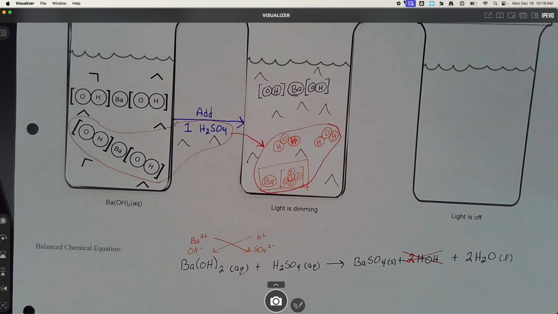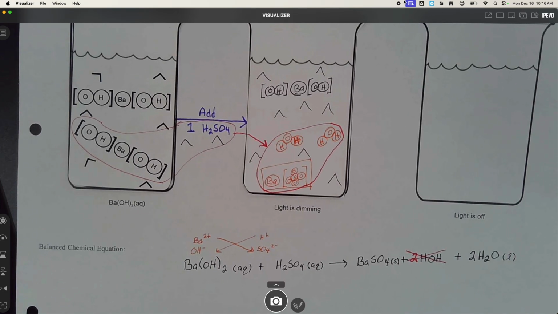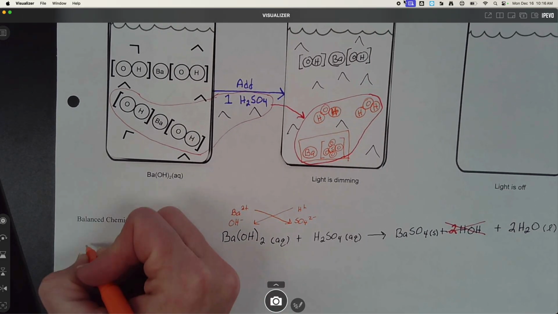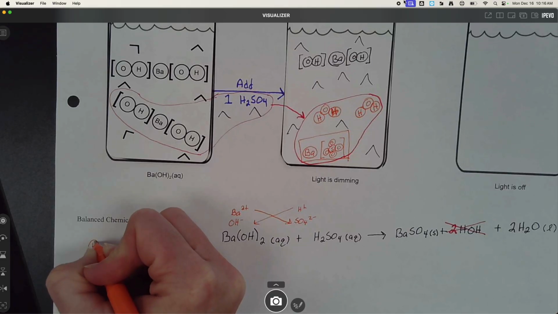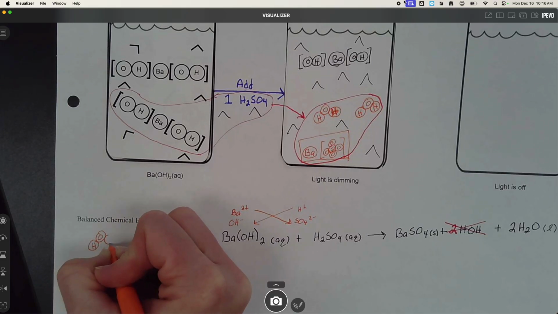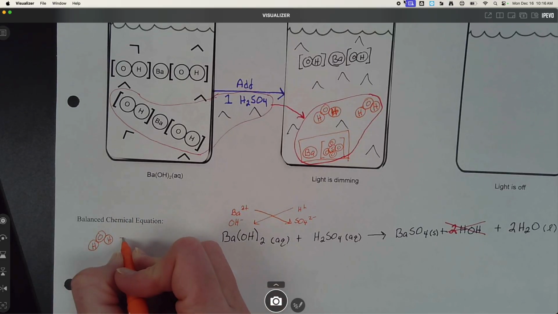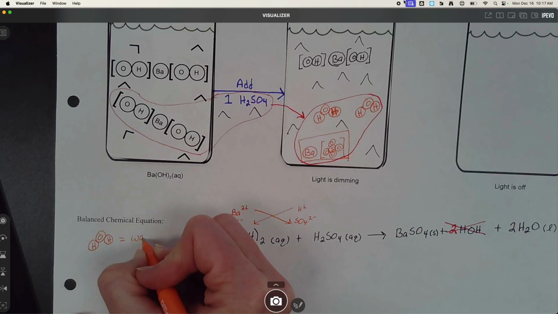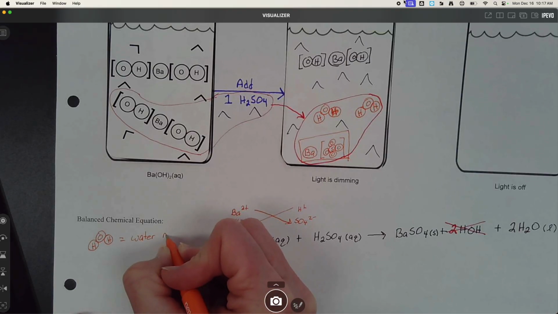Now, one of the things you may have noticed is that some of the water molecules I drew as H2O, and some of them I just drew shorthand. Here's the general pattern for what's going to be useful here. Maybe we'll just do it down here. I've chosen to draw some of these as full-on molecules because these were water molecules made by the reaction.